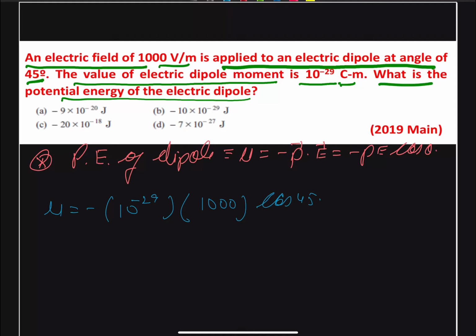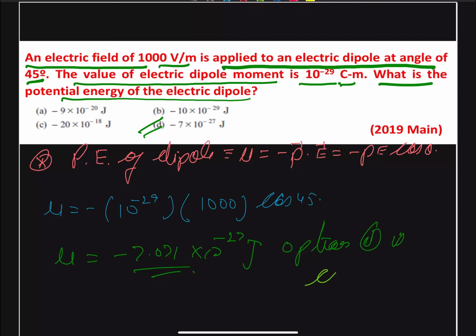And this will be approximately equal to minus 7.071 into 10 raised to power minus 27 joules. So option number D is the correct one. Option D is correct. Next question.